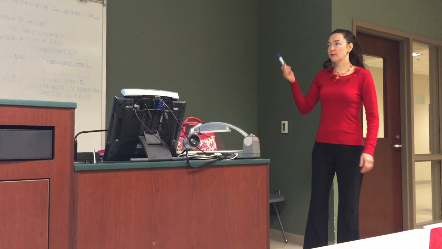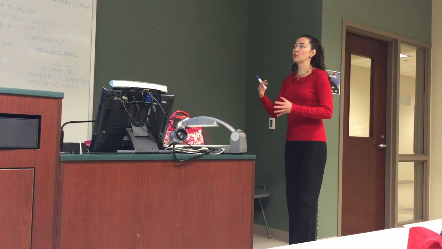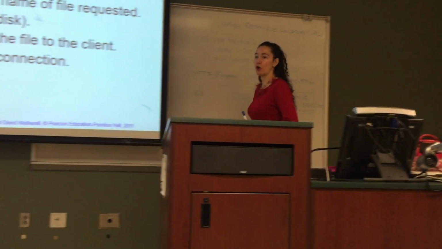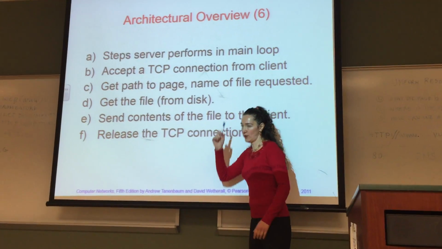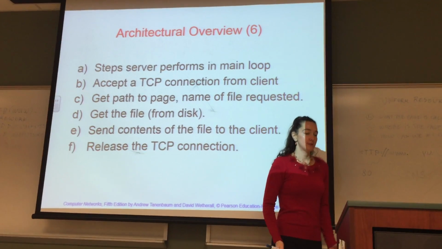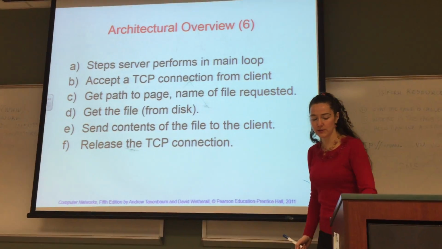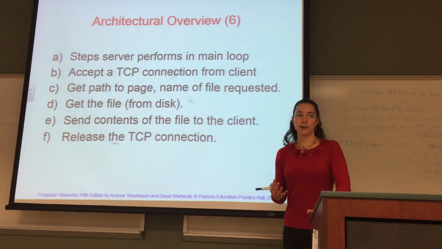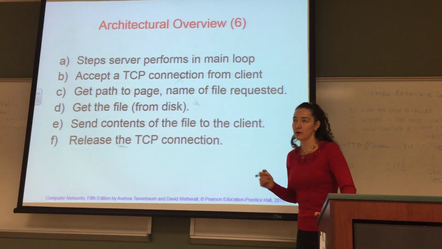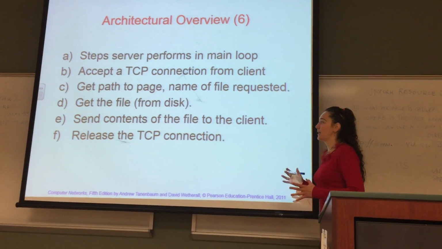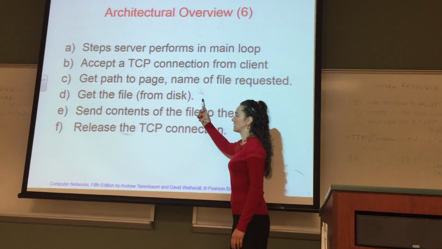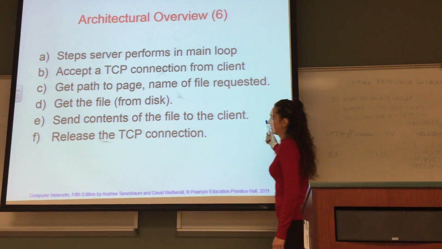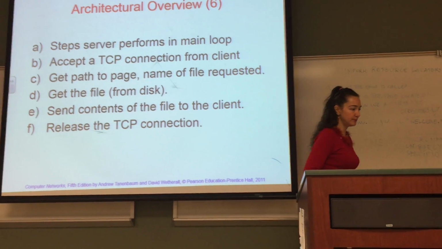For every request, the web server will create a new thread and assign it a worker thread job to do: go to the disk and get this file. Because if the server had to do this itself, it would be very slow and it would not be able to respond to other client requests while it's waiting on disk I/O. So it will have multiple threads, usually one for each client request. Once it gets the file from the disk, it will send the file to the client and release the TCP connection.